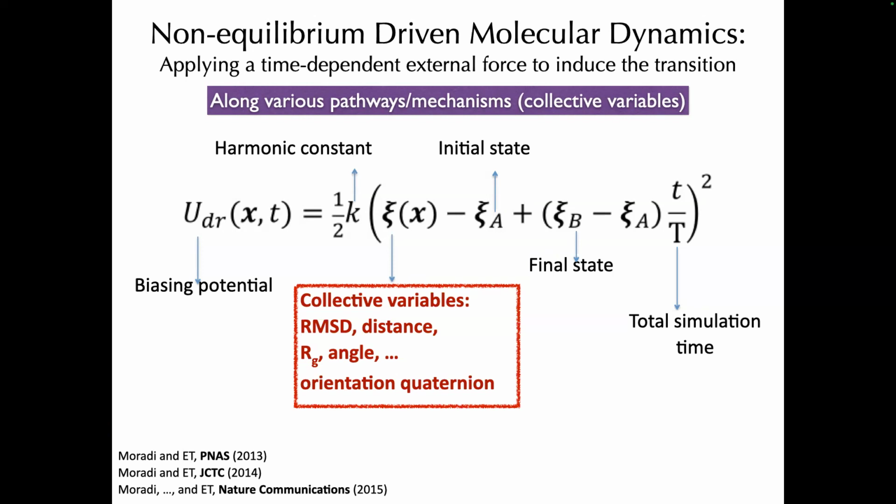This is the initial system value, this is the difference between the initial and final, multiplied by the time that we need to simulate to describe the whole process. These collective variables can be anything, could be the radius of gyration of the system. Very nice. You can see how I'm going to go from this configuration to this configuration with just Rg. It's a very powerful way of manipulating the system.